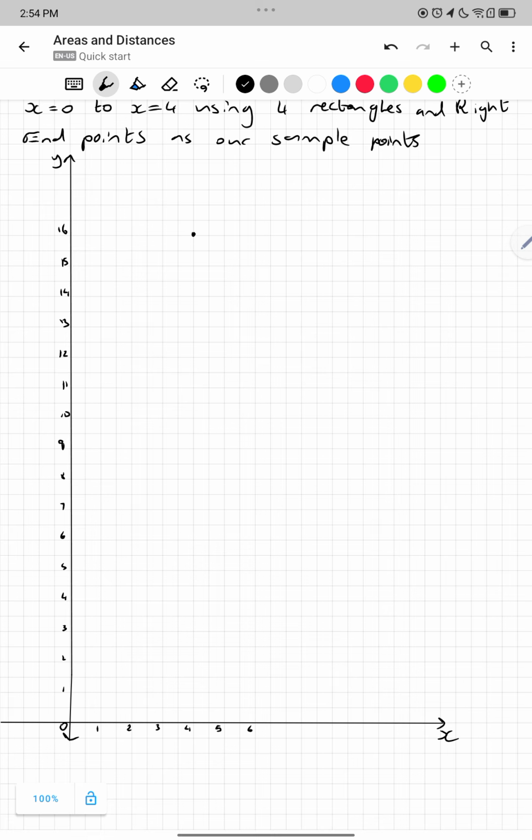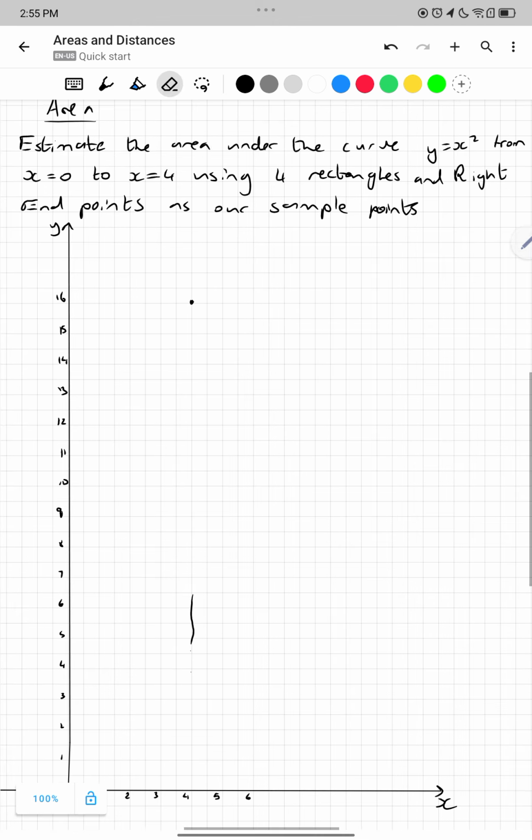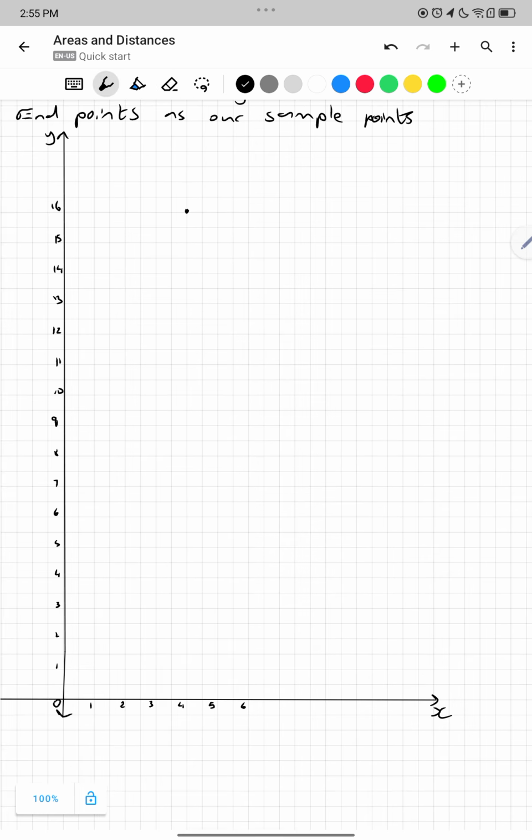And then at 0 we have 0. At 3 we have 9.